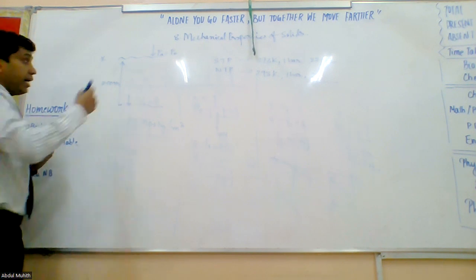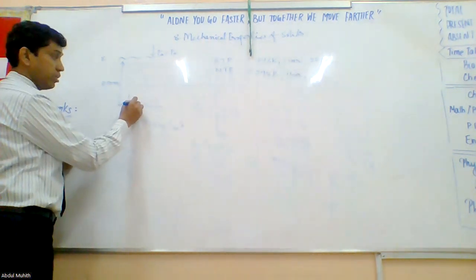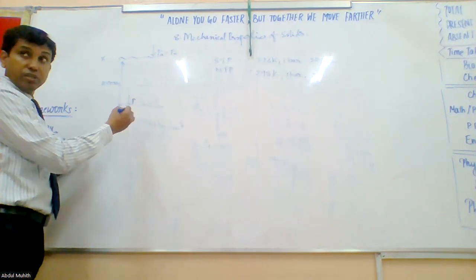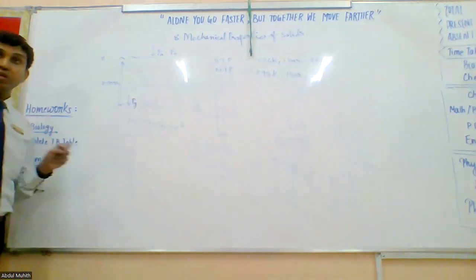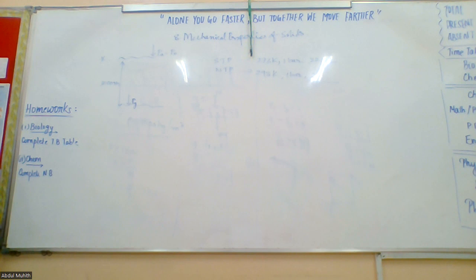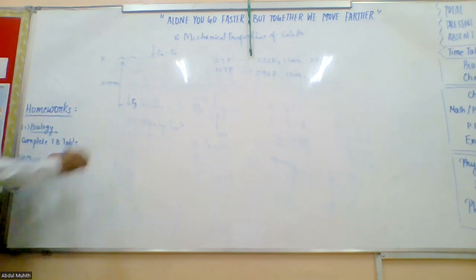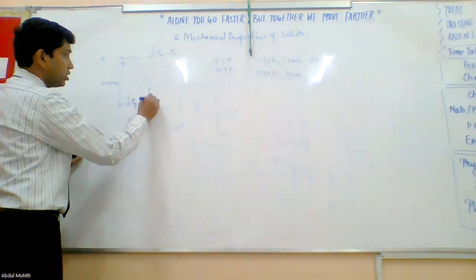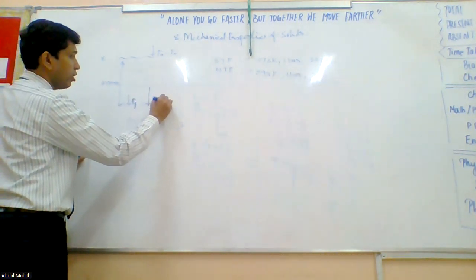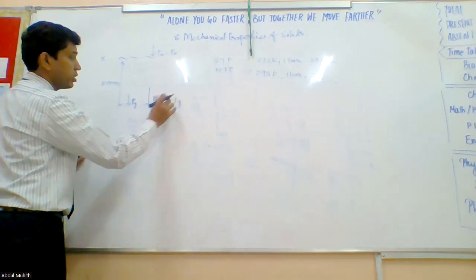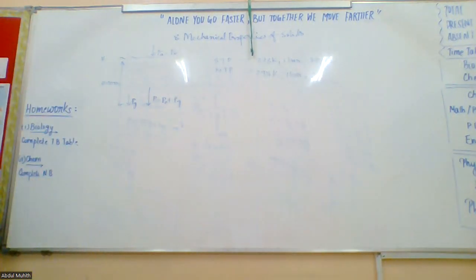No, because the height is this much, so there will be some extra pressure here. That is called gauge pressure, only because of the water. If you add it, the total pressure is P equal to P naught plus P_G. This total pressure acts on the water at the bottom.